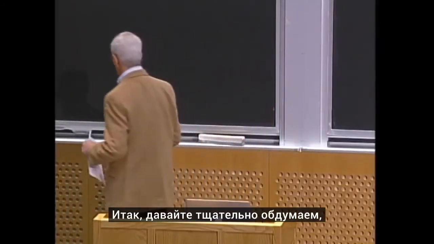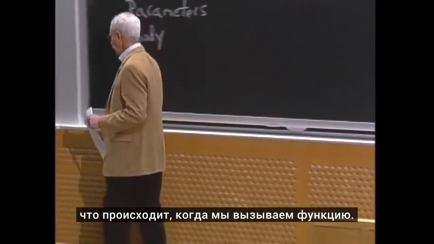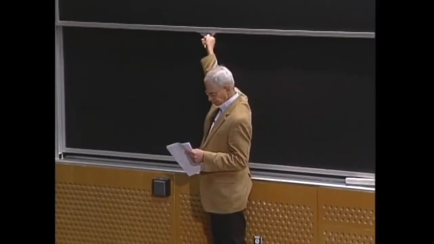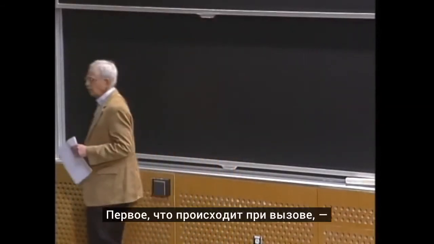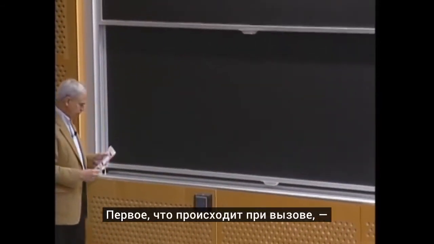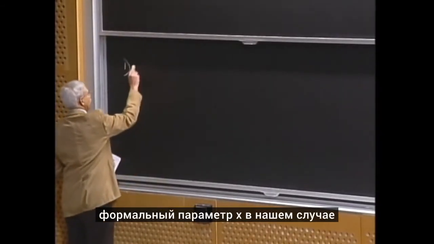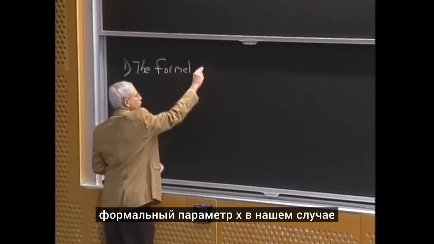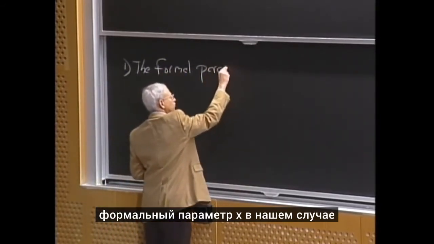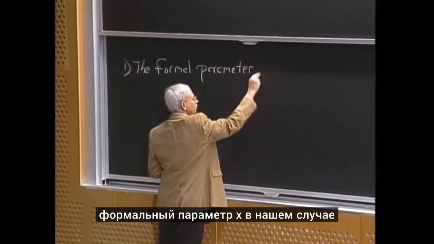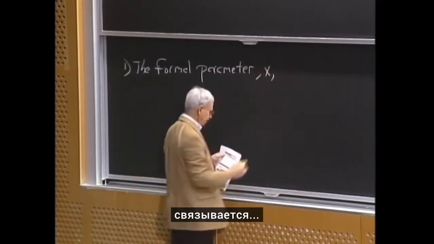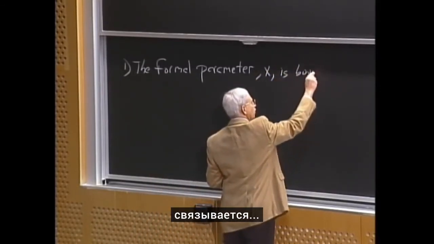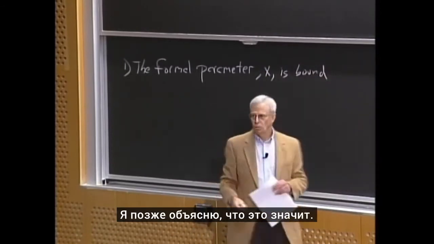So now let's think about that by working slowly and carefully through what happens when we call a function. The first thing that happens at the call, and I'll just work it through this one, is the formal parameter x in this case is bound, and I'll come back to what binding means.